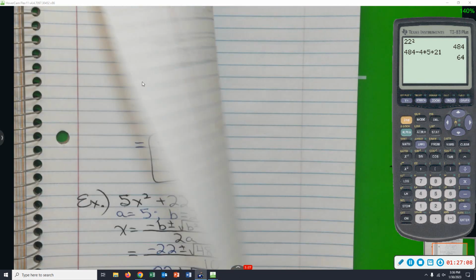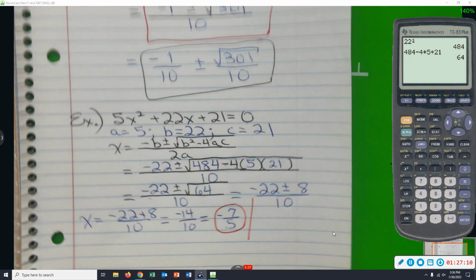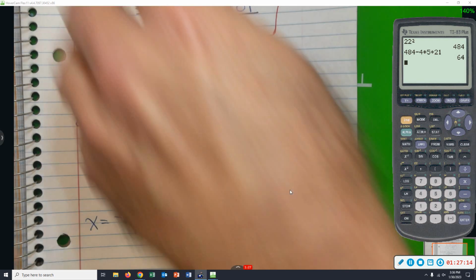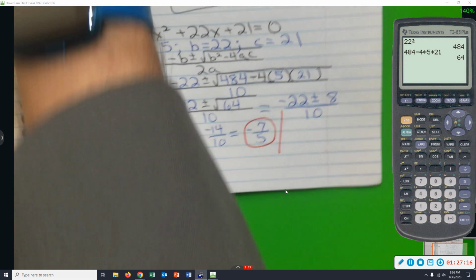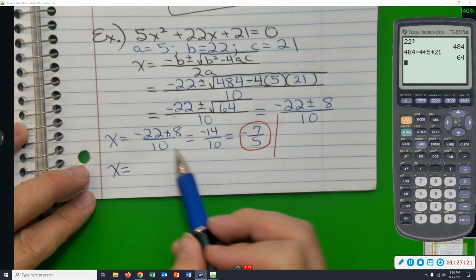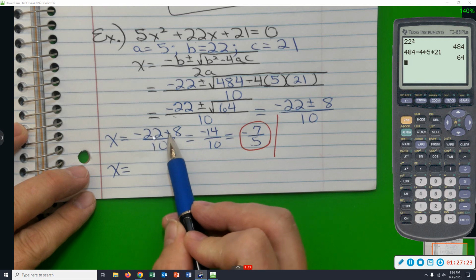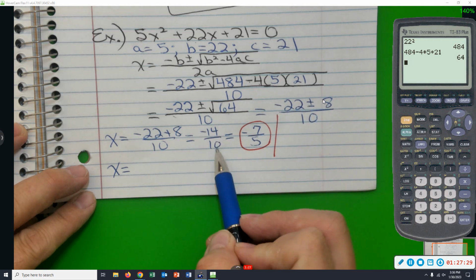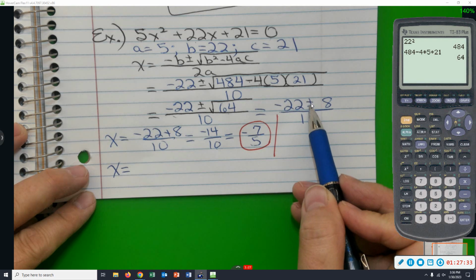How do we get this negative 3 as an answer? Well, I think I'm going to have to write it down. Negative 14. Okay, negative 22 plus 8. How do you assume that it's a plus, not a minus?